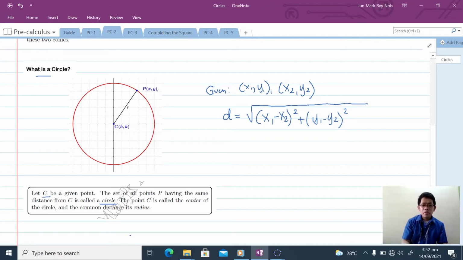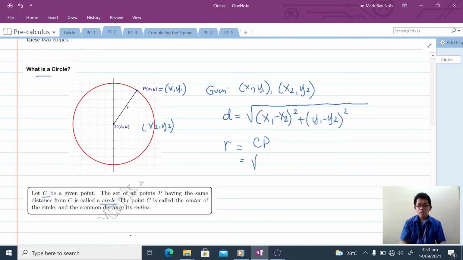Now, suppose this is our x1, y1, and this is our x2, y2. Suppose we would like to get the distance from C to P, which is r. So we simply write r equals CP. C and P are points in the xy plane, so to get the distance, we use the distance formula.